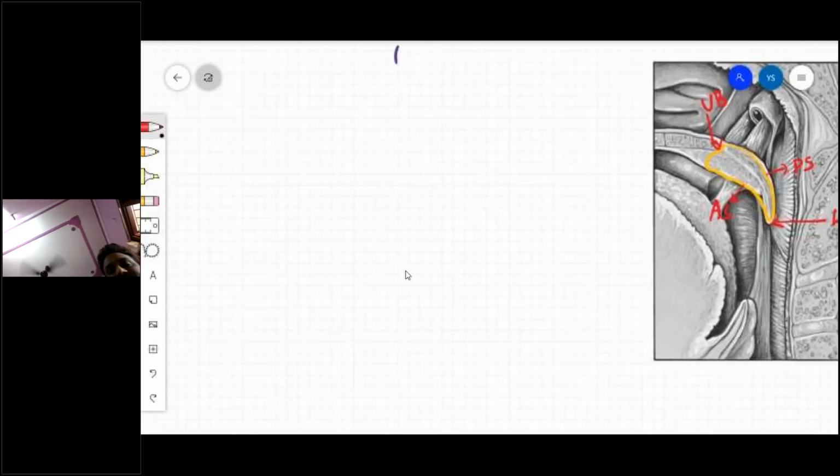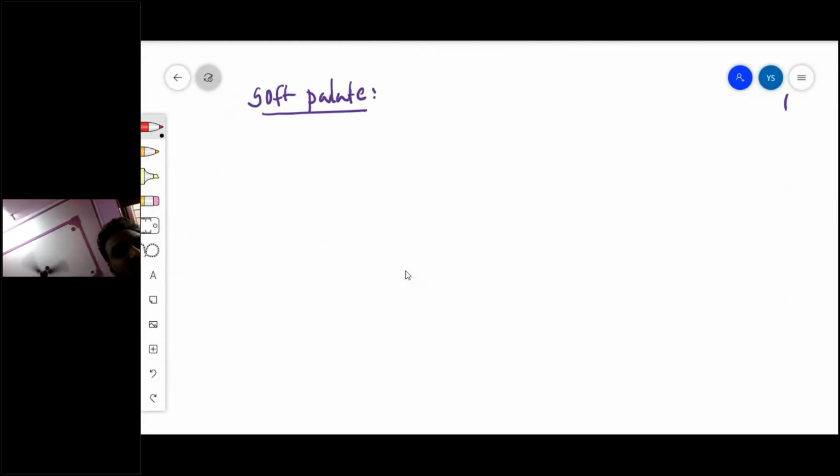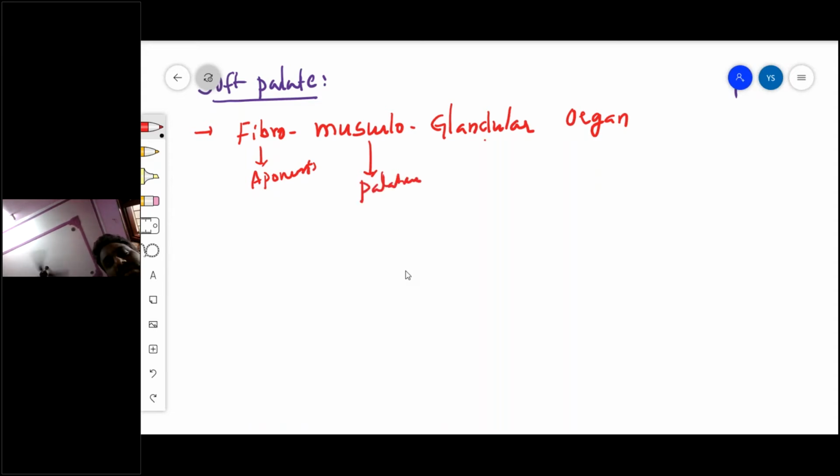So now we write down these features. Already I told you the structure of the soft palate. This is a fibro-musculo-glandular organ or curtain, and we can see the aponeurosis, the palatine muscles and glandular tissue.